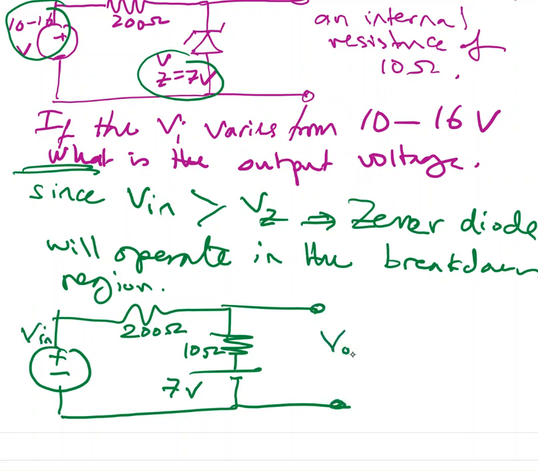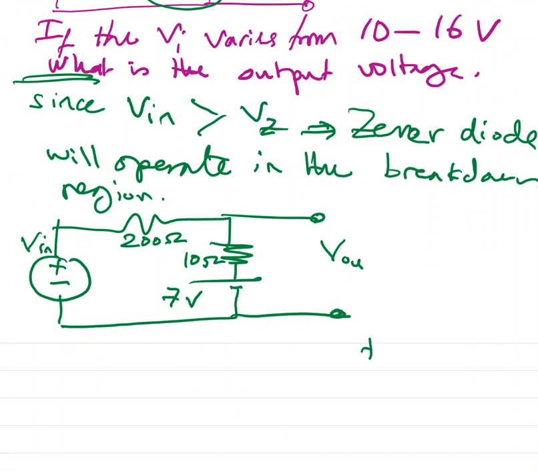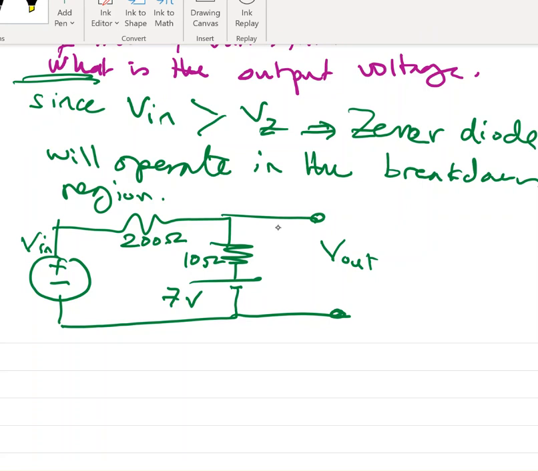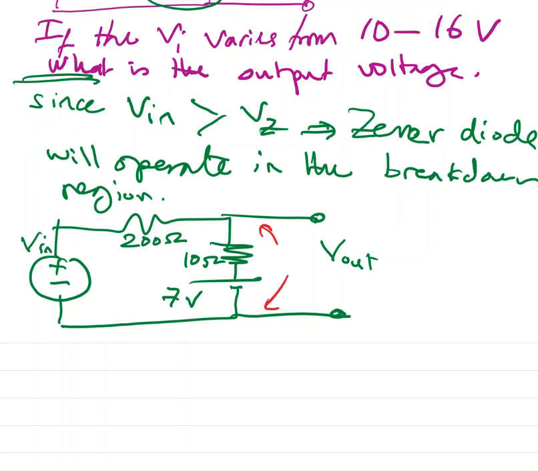Now we can calculate our V output by simply saying that the output voltage is nothing but the 7 volts plus the current that will flow here, which is the same as this current, I, multiplied by 10 ohms, so 10 times I.